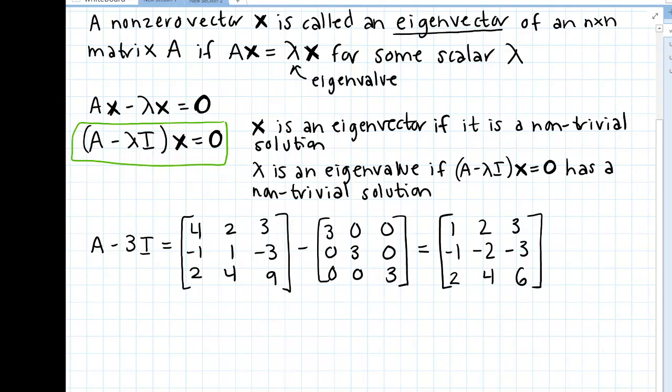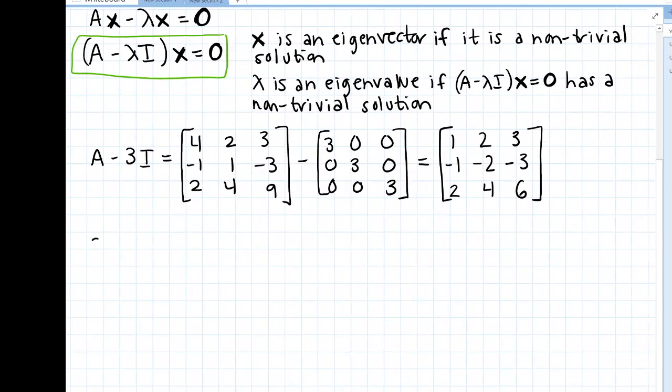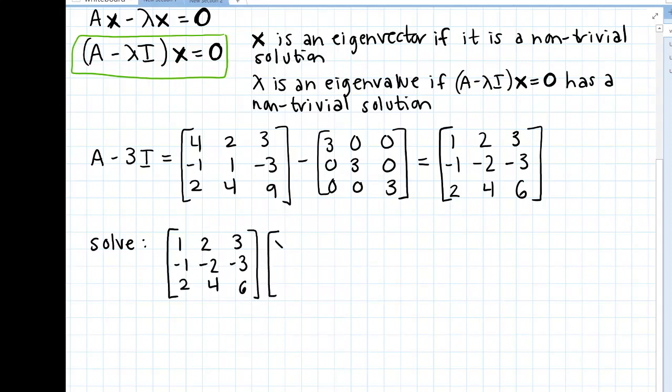So now we're trying to figure out the solutions to this matrix that we just found, 1, 2, 3, negative 1, negative 2, negative 3, 2, 4, 6, times x1, x2, x3, because that's the vector x we're trying to find, right?